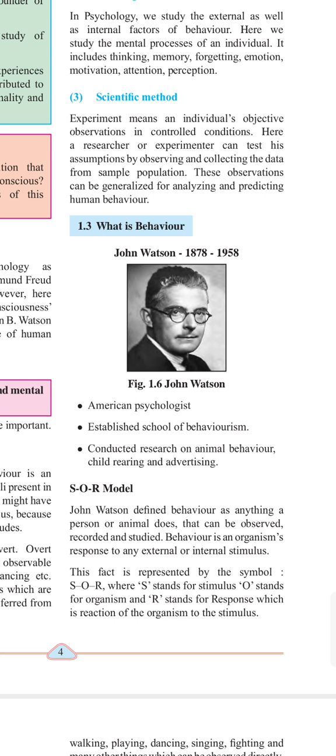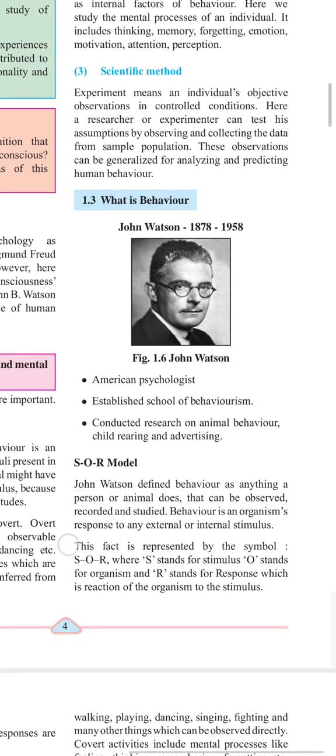Like right now I am talking with you, you are listening. You can see your family members' overt behavior, like they are talking with you, walking, sleeping. That is overt behavior. Covert behavior, by the name only it is hidden, you cannot observe that covert behavior.